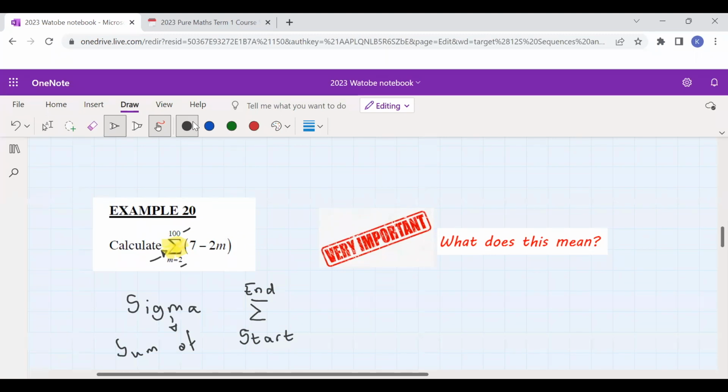Remember, we've been talking about sums today. Then it tells you what you are adding. Let's talk about our brackets. So we're going to add 7 minus 2m, where m goes from 2 until 100.